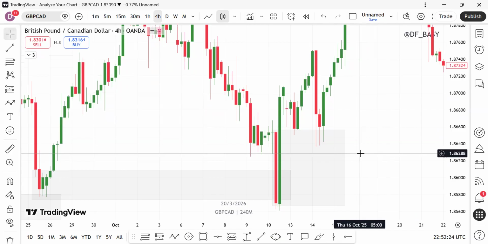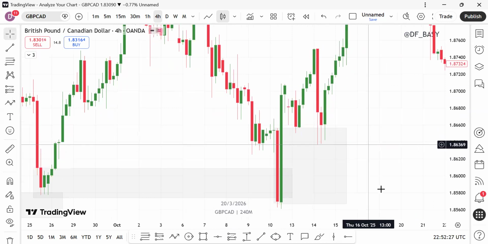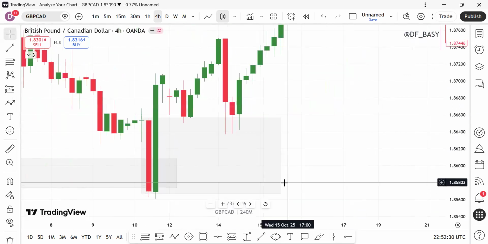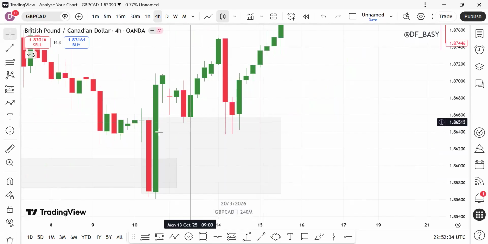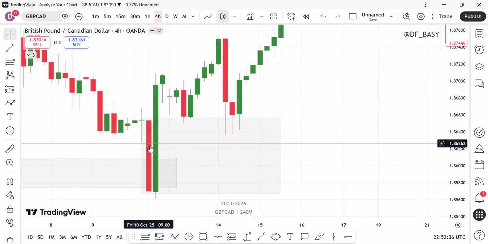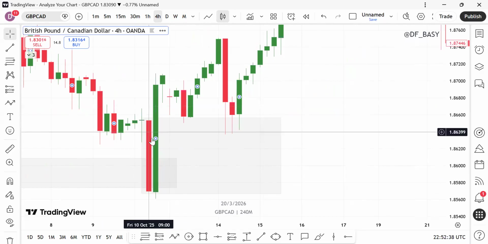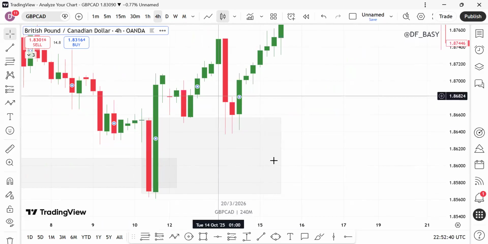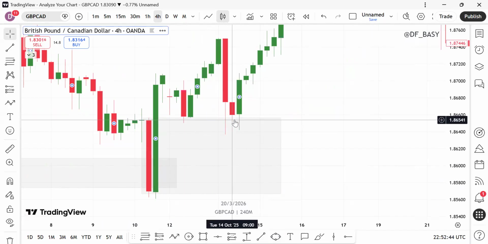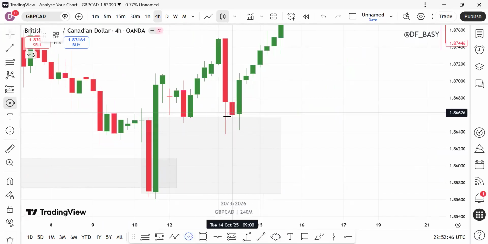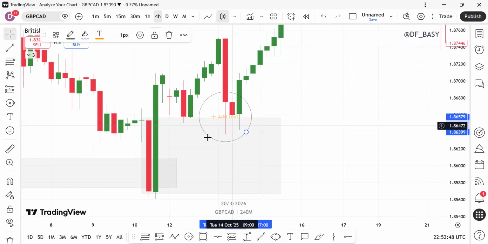It's not like a demand zone, or a supply zone, or support and resistance, where you need to have multiple touches. An order block is one-time use. So now, if you look closely, you have the bullish, you have the bearish candle. Then what do you see here? You have this coming down here to mitigate the block.